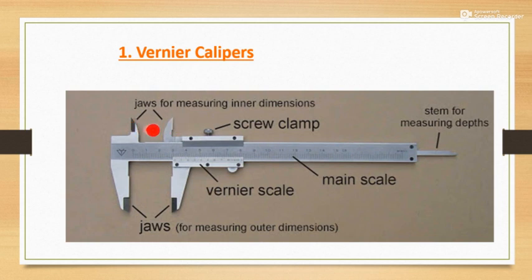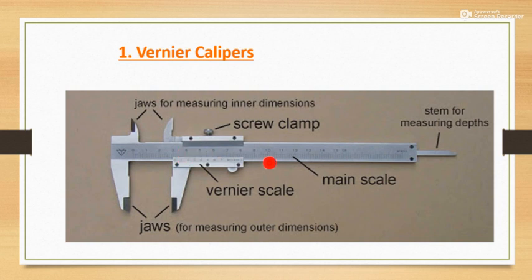This part we use to find the internal diameter of objects, and these parts measure the outside diameter and the length of objects. When we place an object between these two jaws, we find the length, and we use these parts to find the internal diameter of objects. And these parts are the vernier scale and the main scale. We will take the readings of the vernier scale and main scale.